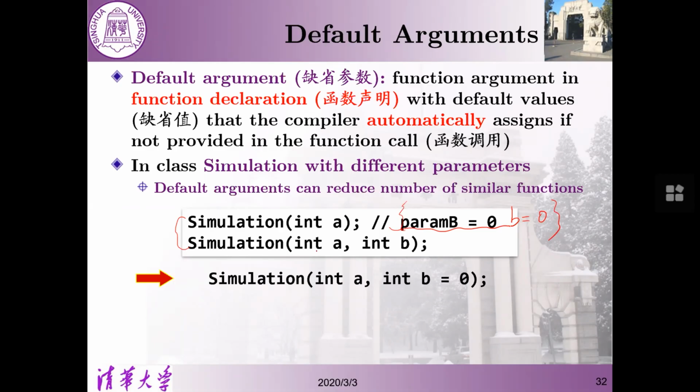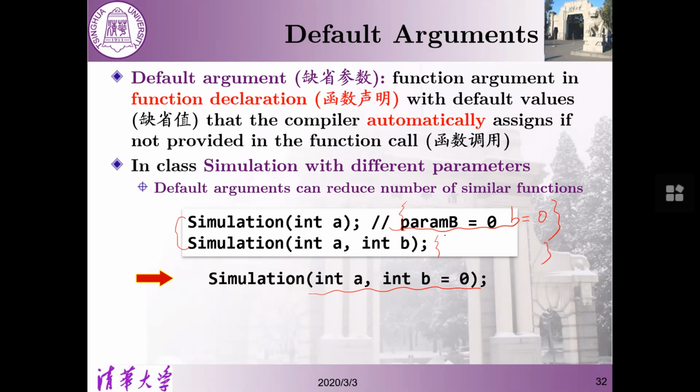And then we have another similar function here. Then we can combine these two functions into one version, because the function body of the two versions is similar.